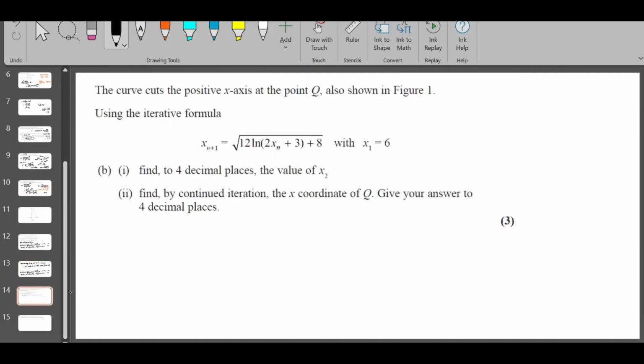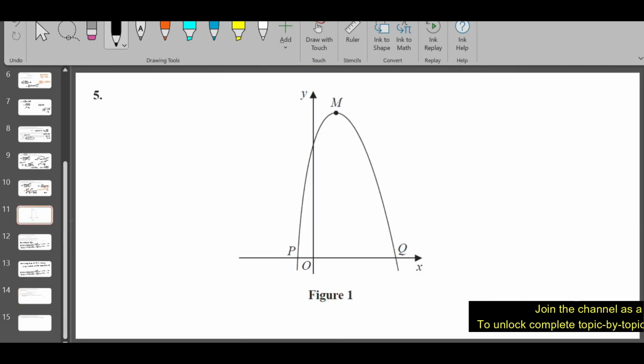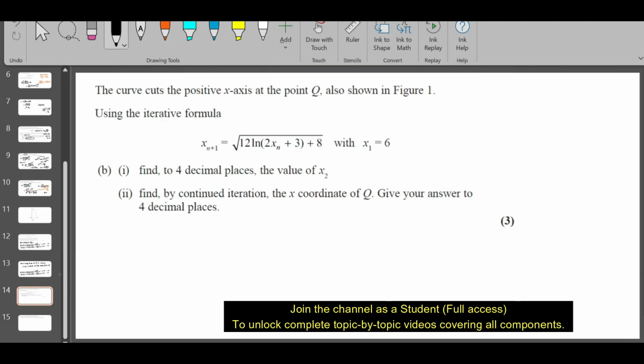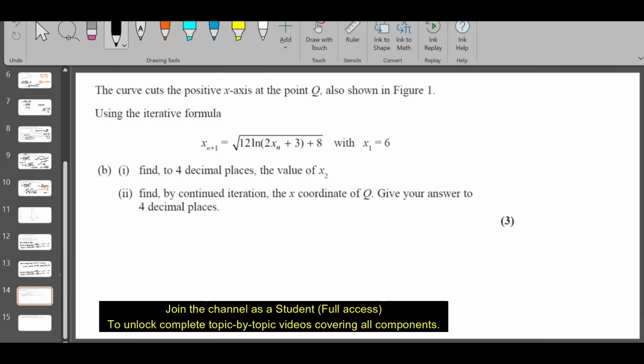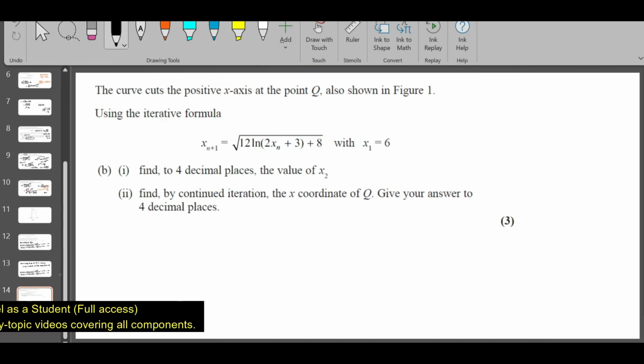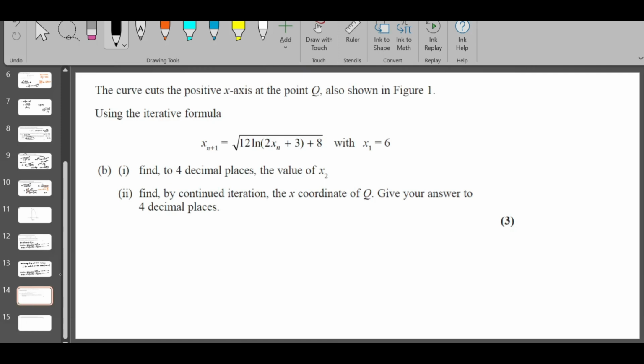Okay, next part. The curve cuts the positive x-axis at Q, as you can see from the figure. Using the iterative formula, this with x1 is equal to 6, find x2, and by continued iteration, find the x coordinate of Q. You have to show this step actually, how you sub in x1.